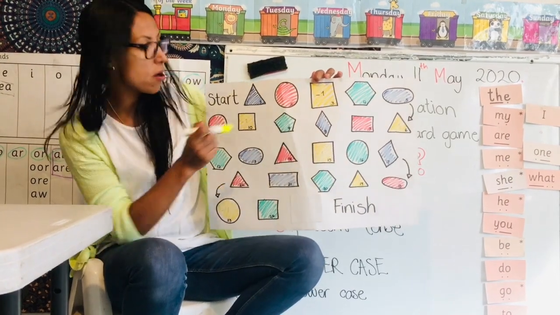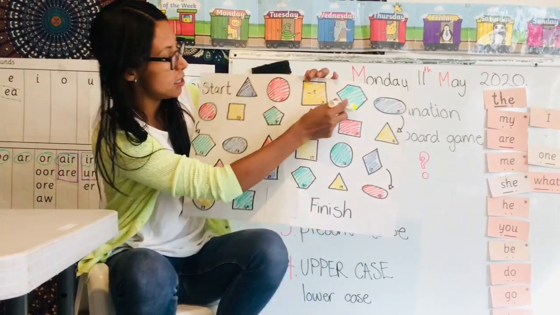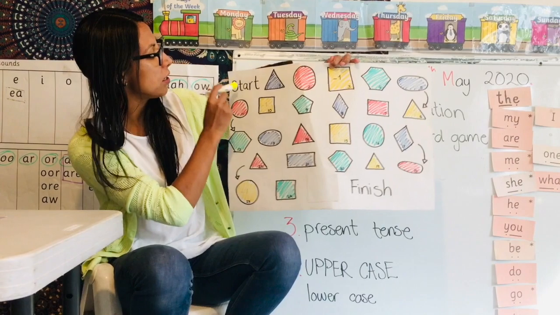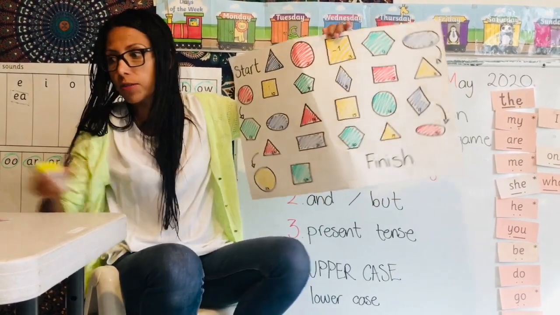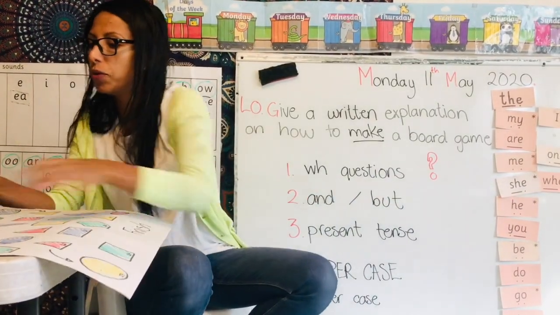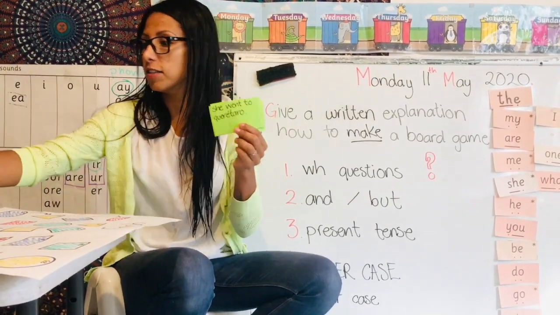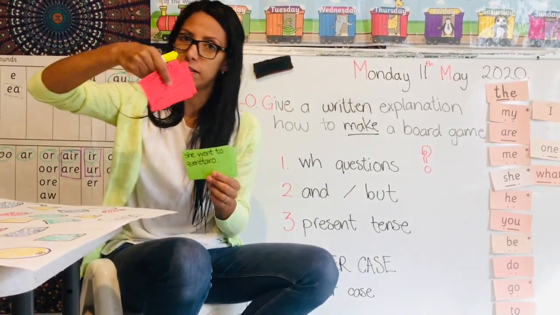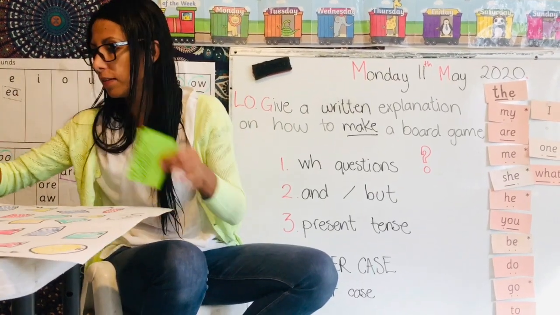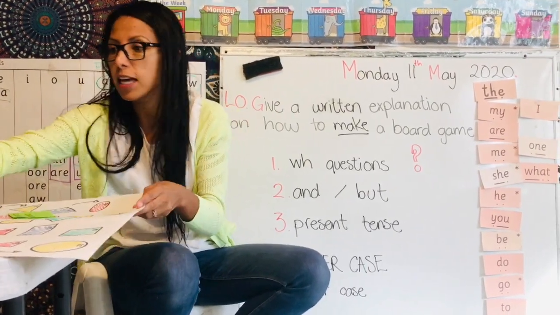We also wrote the numbers. We wrote start, finish. We made some cards. These are English cards. Maths, or blue, can be maths as well, and PSHE.